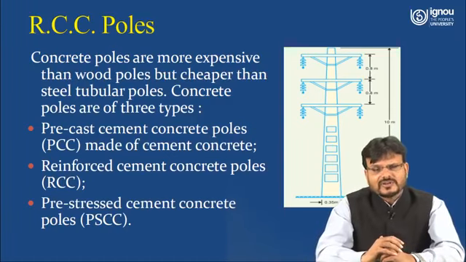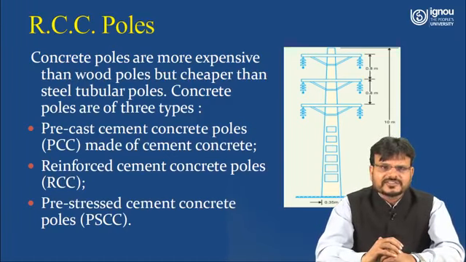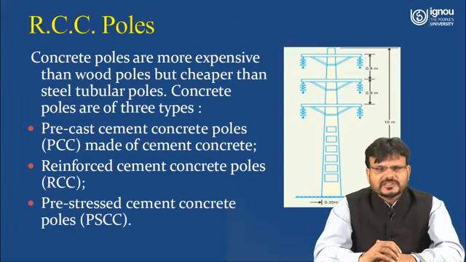The second pole or support that you can use is the RCC pole. Concrete poles are more expensive than wood poles, but cheaper than tubular poles. Concrete poles are of three types. One is the precast cement concrete pole, generally called PCC. Second is the reinforced cement concrete pole, called RCC, and third is the pre-stressed cement concrete pole, called PSCC.